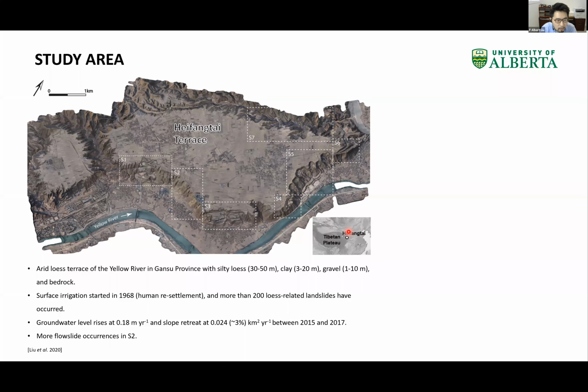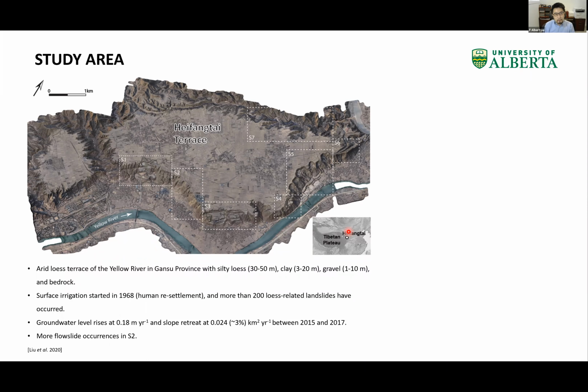At this point, the groundwater is rising at 0.2 meter per year, causing slope retreat, or depletion of the slope surface, at a striking rate of 3% per year, at least between 2015 and 2017. So imagine, we're losing the surface of this terrace by 3% per year.